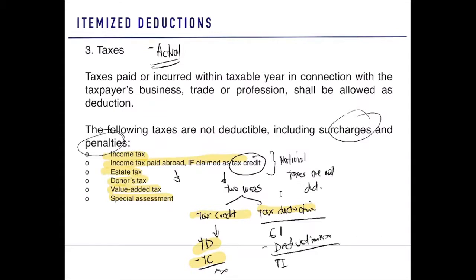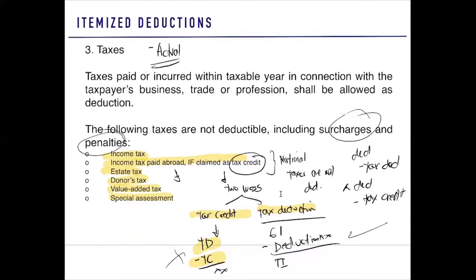Okay. So the rule here is it can be deducted if it is claimed as tax deduction. It cannot be deducted if it's claimed as tax credit. Okay? So the rule for income tax abroad, if it's tax credit, cannot be deducted. If your treatment is tax deduction, then you can deduct it. Okay? Again, taxes are deductible based on the actual amount of tax paid.